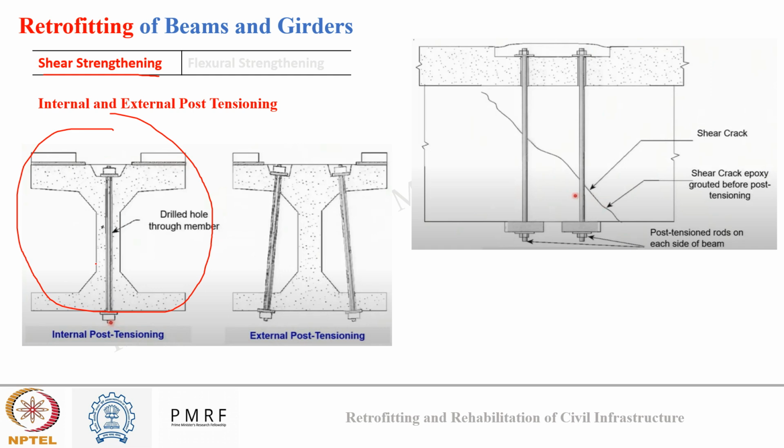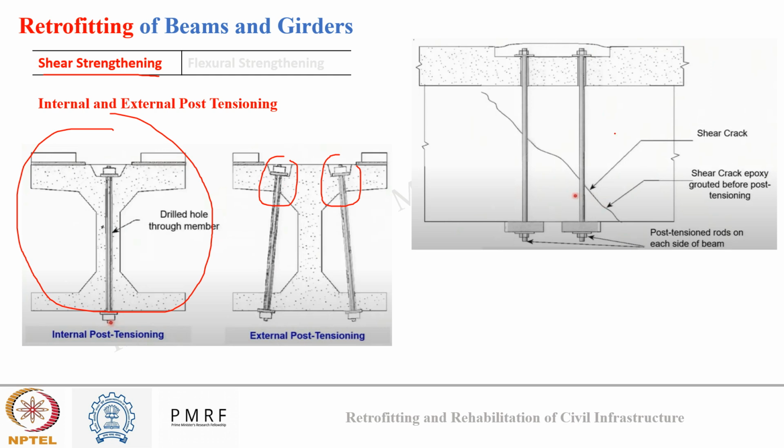Now in external post tensioning, only a small portion of the member is drilled, while the remaining method is the same. So you can see here only a small portion of the member was drilled, and the remaining member was as it is, and a steel tendon was inserted.